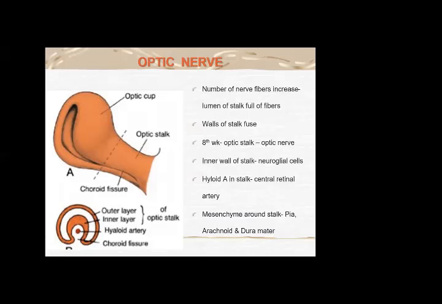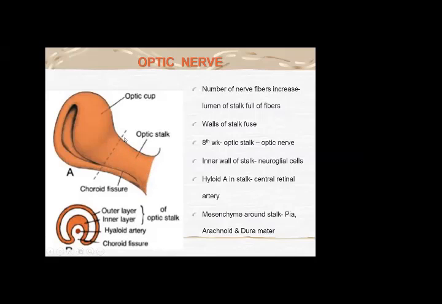Now, as the retina grows, as the eye grows in size, more and more neurons are added to it. And when more neurons are added, more nerve fibers are added to it. The more axons that form the optic nerve, more of them are added to this optic stalk.